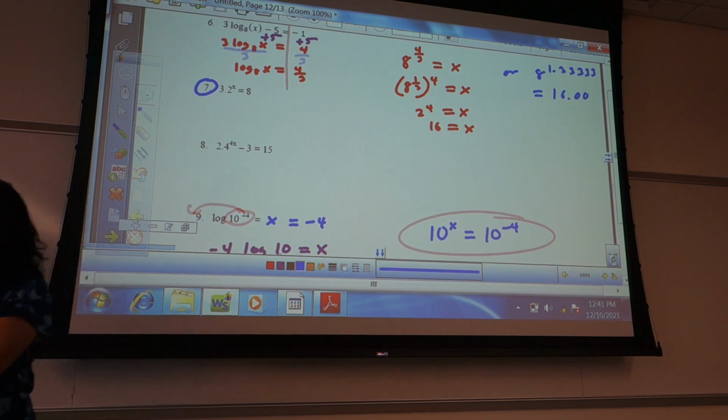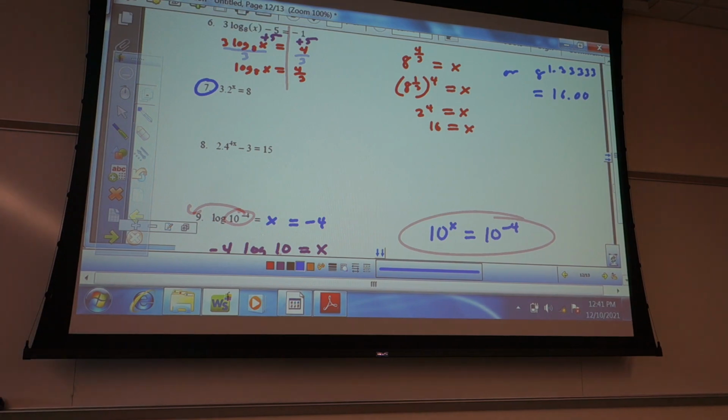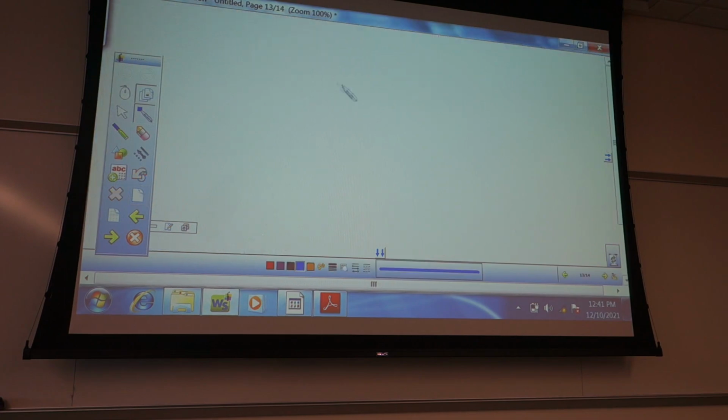So remember that? Here, I'll do a different one so you can practice on that one first: 4.7 to the x equals 13. Let me show you. I'm going to take the log of both sides. Log of this equals log of 13.